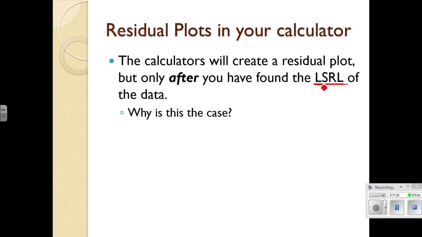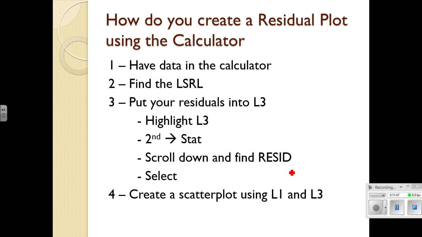And the other thing we need is a predicted value, because residual is observed minus predicted. How do you get the predicted value? You get that from plugging into the least squares regression line. So that's two reasons you need that line. In other words, before you can create a residual plot, you must find the least squares regression line.